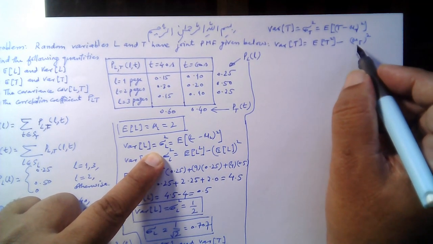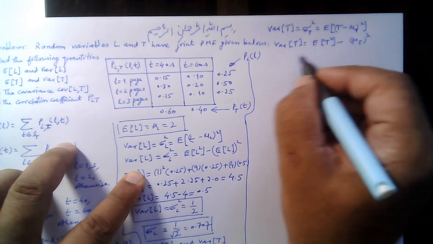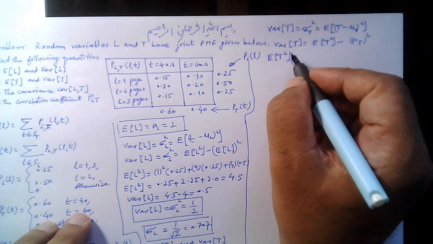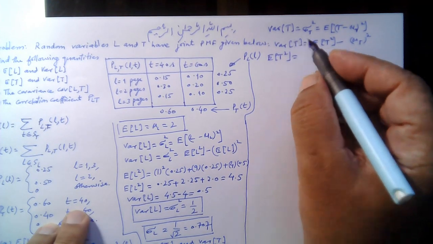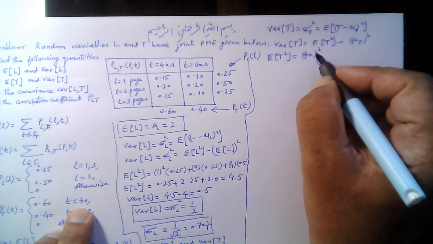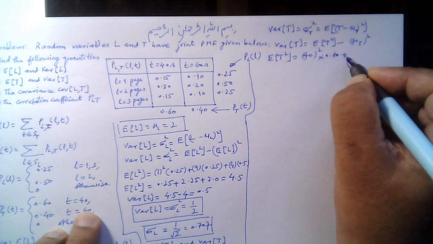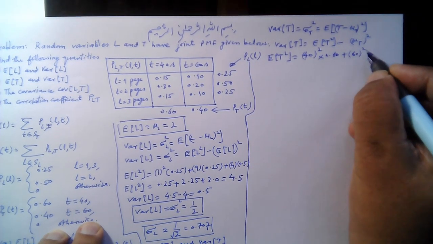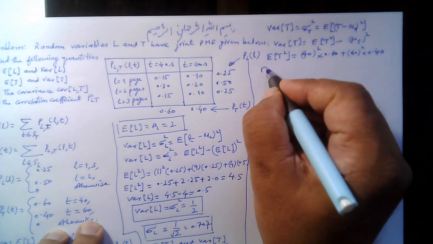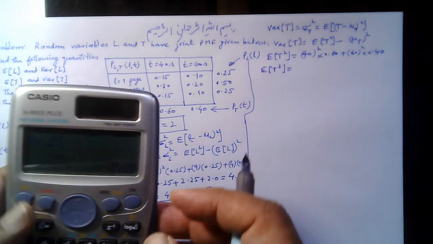We already found mu of t, which is 48, so we just need to find the expected value of t squared. For this we square the values of random variable t: 40 squared multiplied by 0.60, plus 60 squared multiplied by 0.40.